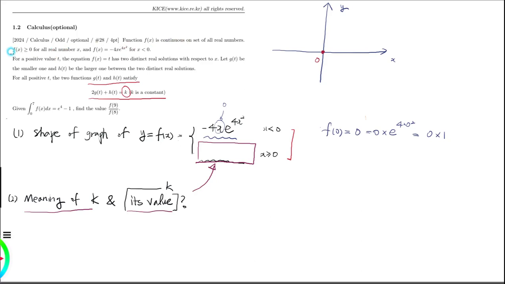To figure out the shape of the graph of the function f when the domain is negative, we need to check its derivative when x is negative.